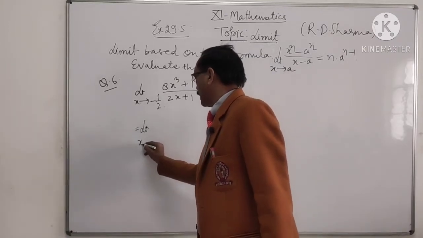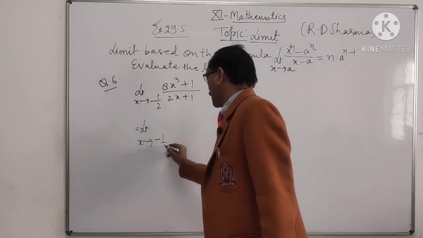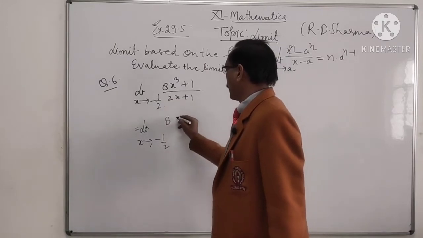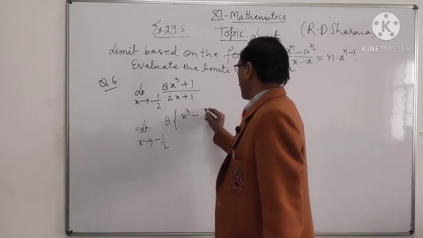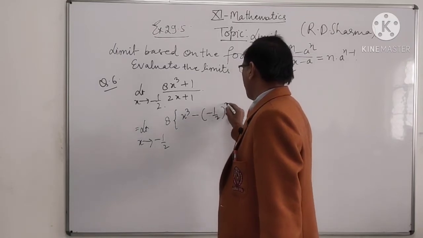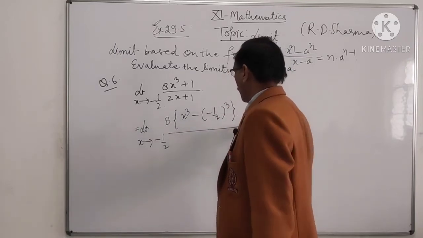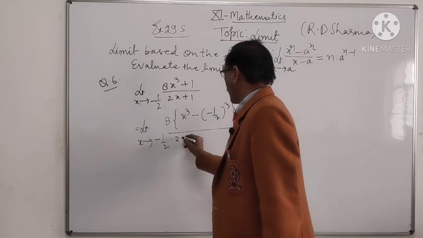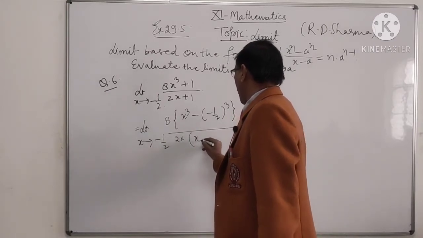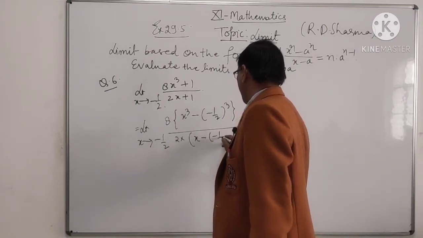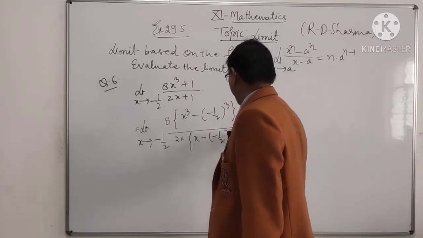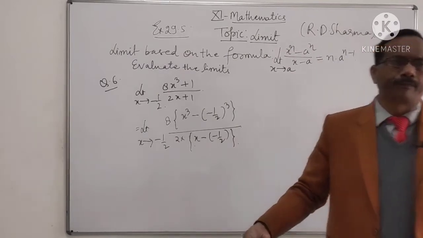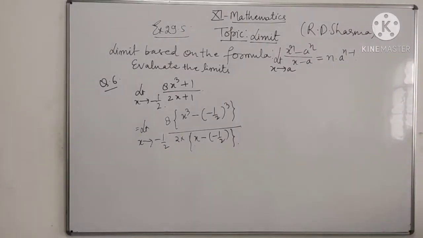We will write it as limit x tends to minus 1 by 2, 8 common, then it is x cube minus 1 upon 2 whole cube, upon 2 common from the denominator into x minus 1 by 2.